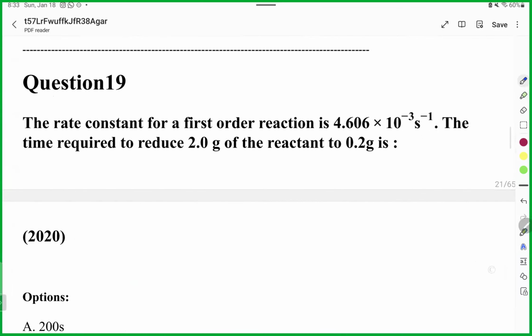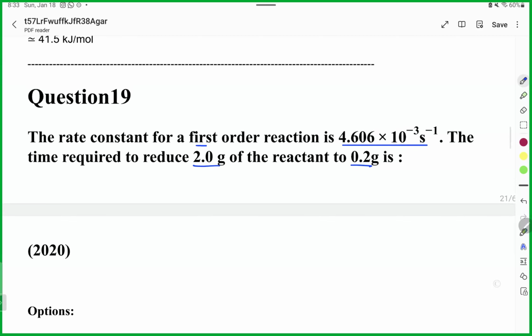Jordan, rate constant for first order reaction is this. Time required to reduce this to this. It's a first order reaction. Yes, it is given first order reaction. What should be your answer? One minute, sir.